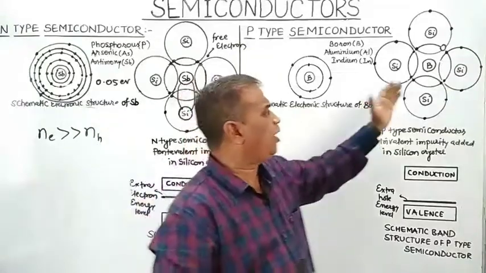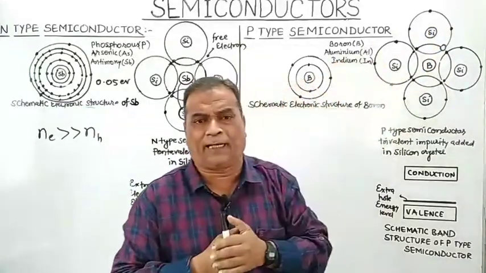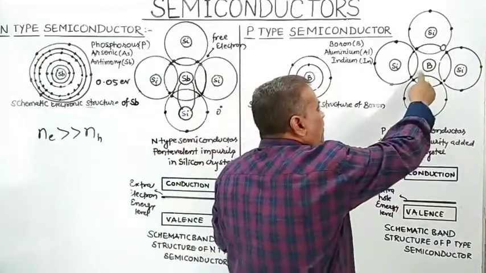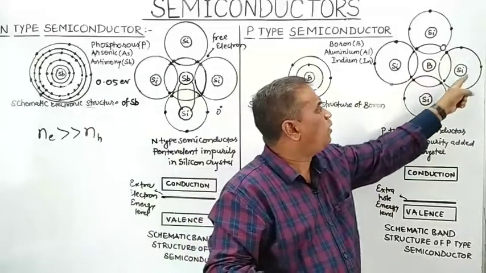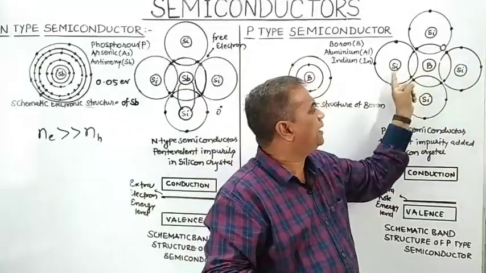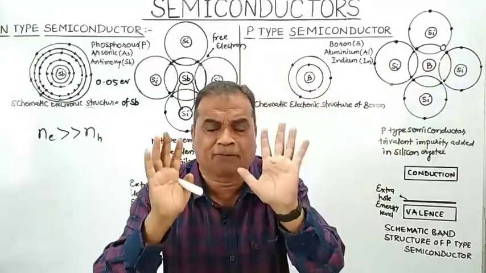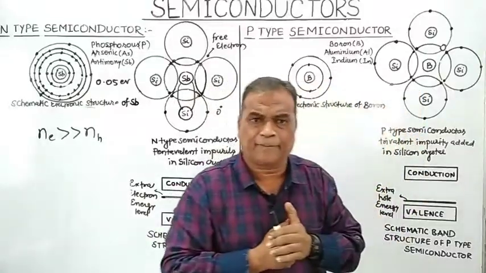So due to sharing of electrons from neighboring silicon atoms, every boron atom will form 3 strong covalent bonds with 3 of its neighboring silicon atoms.